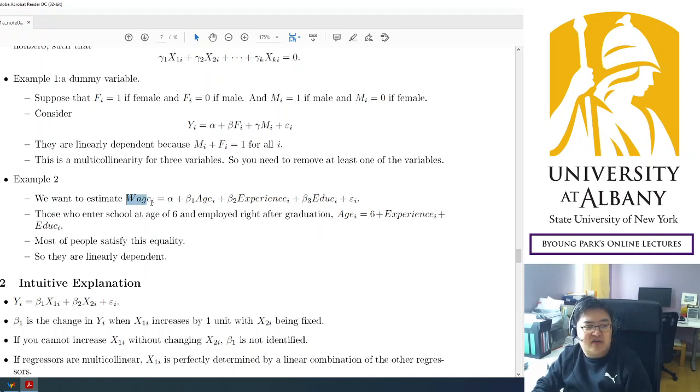This regression equation has a multicollinearity problem, because think about this. Most people enter school at the age of 6, first grade, and most people start their career right after graduation.